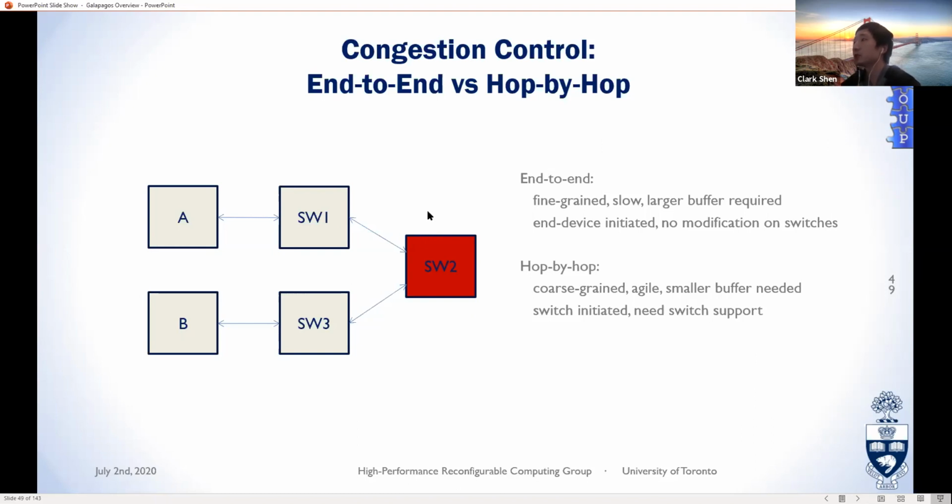When B receives the packet, it sends back a congestion notification to A. The end-to-end congestion control works at a very fine-grained level because the notification can be sent per flow. However, it is very slow because the packet has to go through the whole round trip. It requires a larger buffer for the end device. However, if we do hop by hop, it can be pretty agile and requires a lot less buffer for the end device. So here goes our approach.